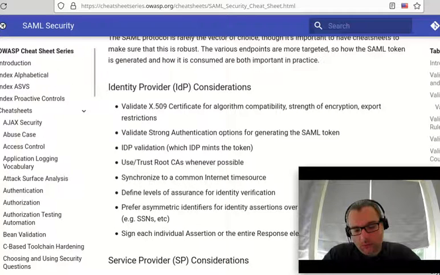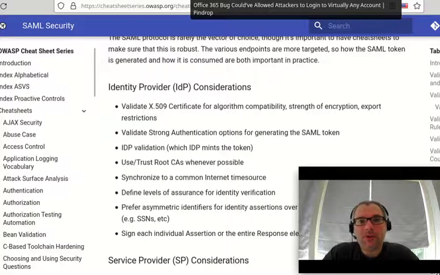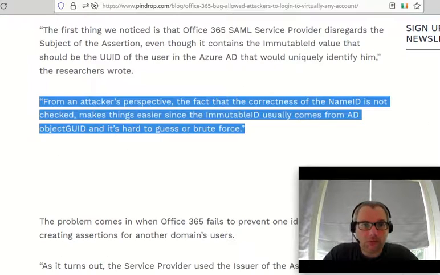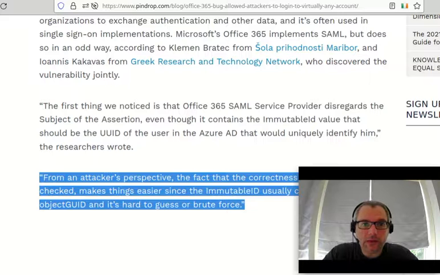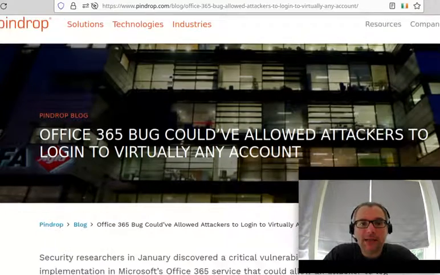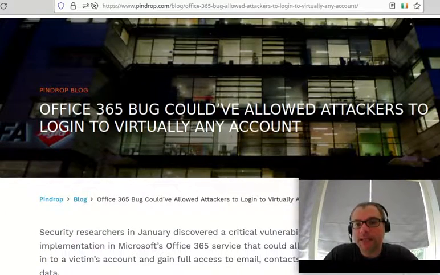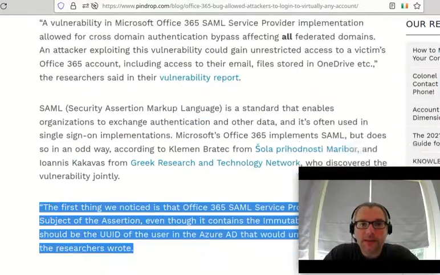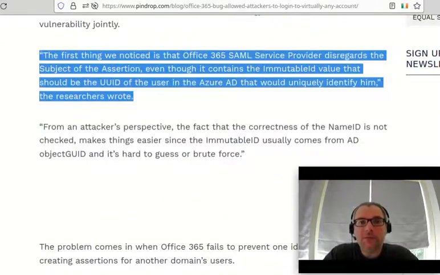I give you a practical example of how a SAML vulnerability was a key point in Office 365. So this article is about an Office 365 bug that could have allowed an attacker to log into virtually any device, but the zoom in of the issue can be summarized here.